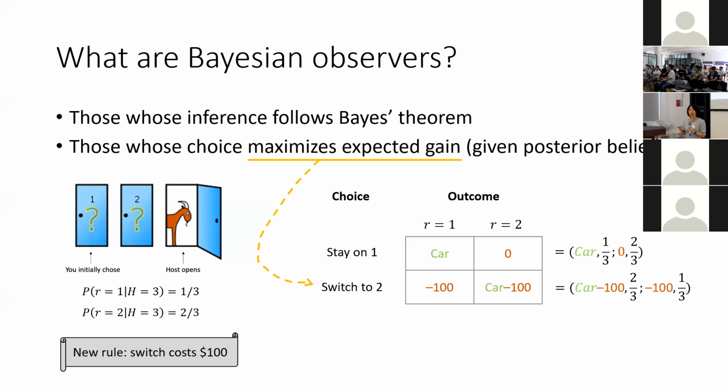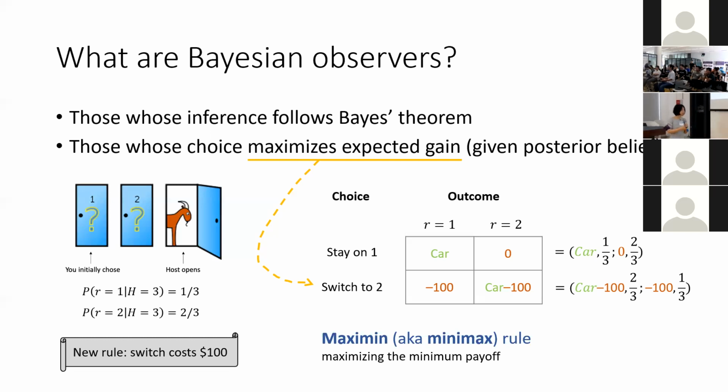Not everyone tries to maximize expected gain. Some people think about the worst. You guys probably have heard about maximin or minimax. They are the same. You are trying to maximize your minimum gain, or minimize your maximum loss.